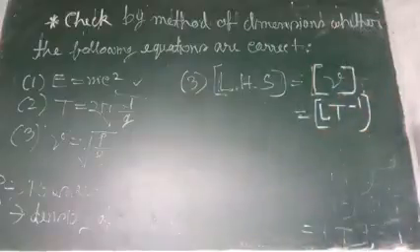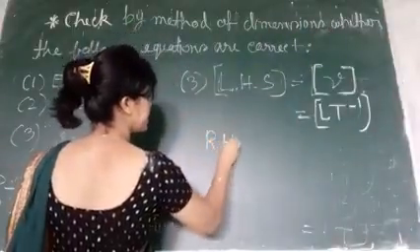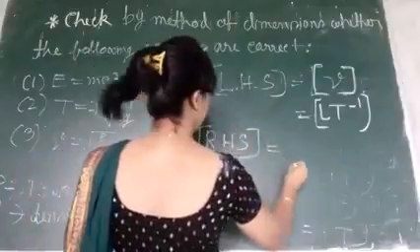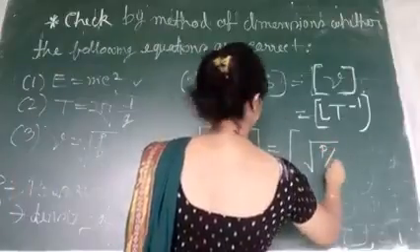So the result is L t to the power minus 1. And the right hand side dimension is what? Dimension of root over P by rho.